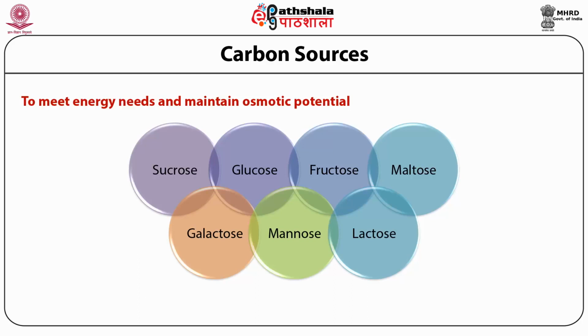It's used in the concentration anywhere from 2, 3, 4%, and it goes as much as 9% when your objective is to induce tuberization in potato. I'd also like to mention that carbon sources provide energy as well as maintain osmotic potential in cultures.